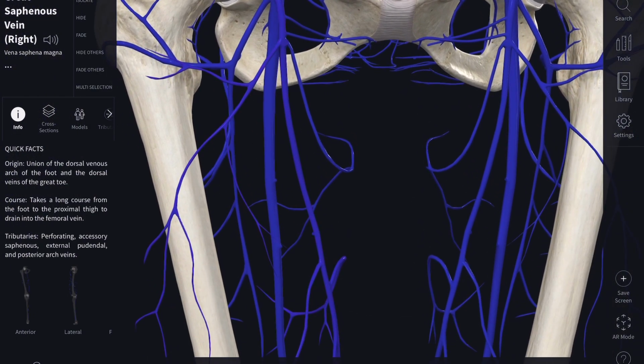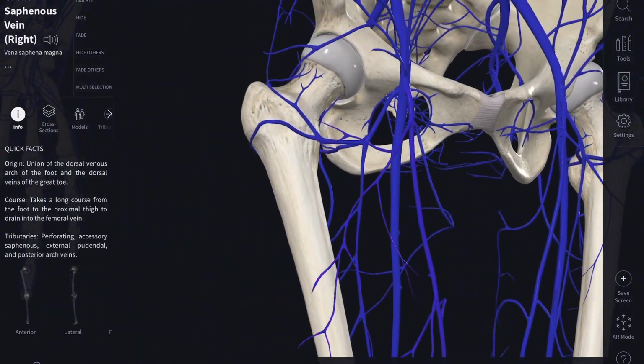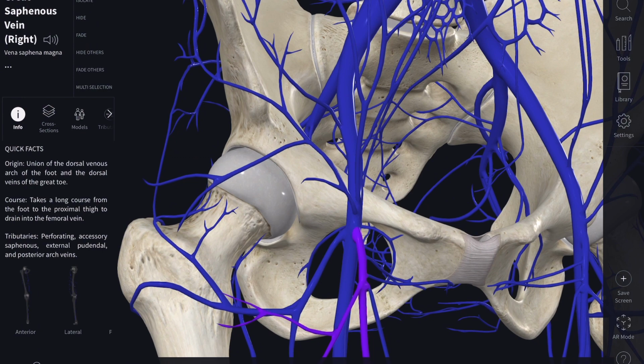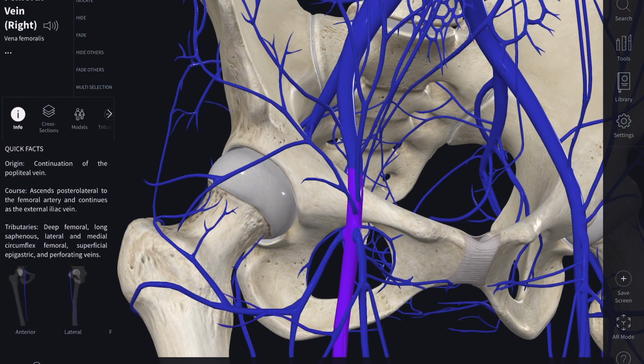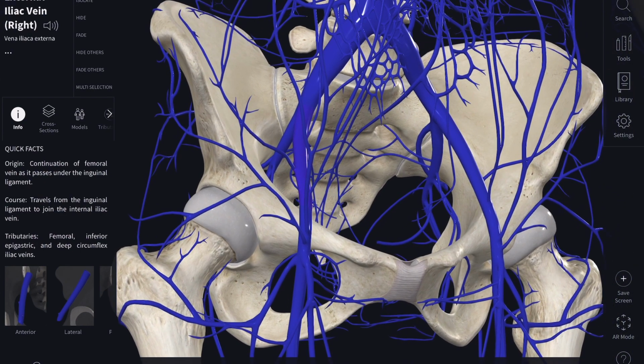The femoral vein also received the venous drainage from the popliteal vein, and then took both of these and ultimately emptied them into the external iliac vein, this one right here, after it passed under the inguinal ligament.